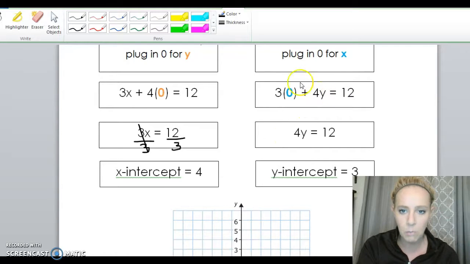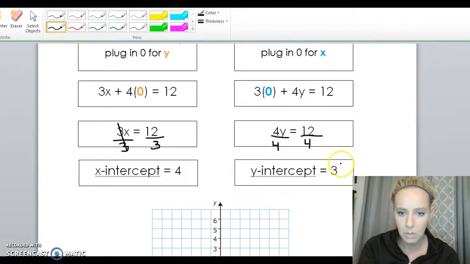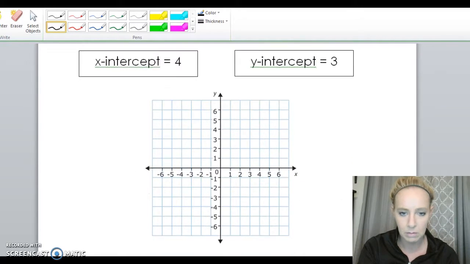So I'm left with 4y equals 12. I'm going to divide both sides by 4. 12 divided by 4 is 3. So that means this line crosses the x-axis at 4 and the y-axis at 3.